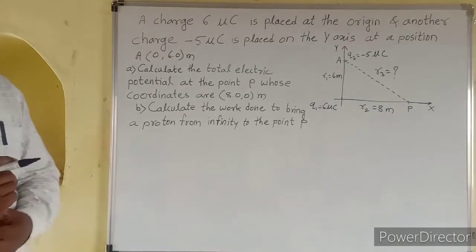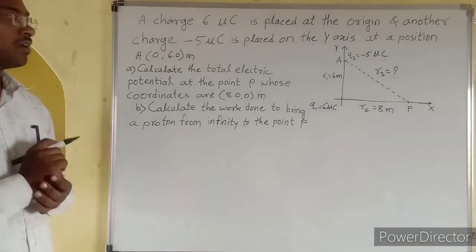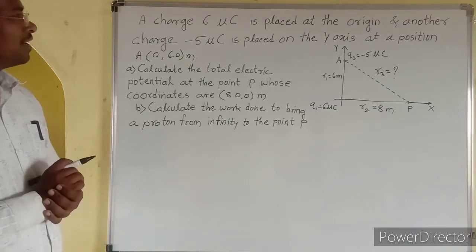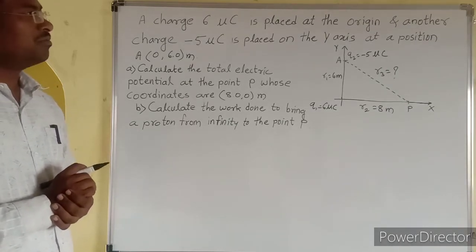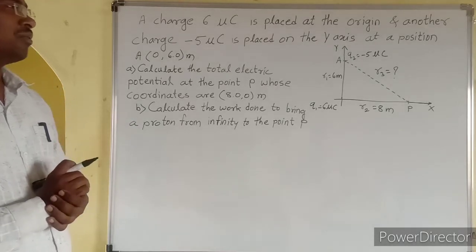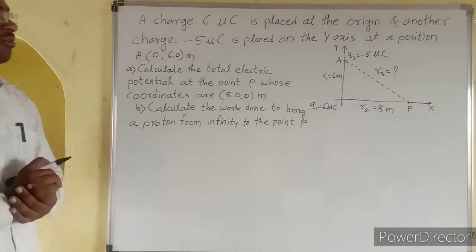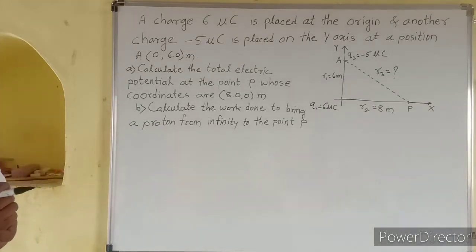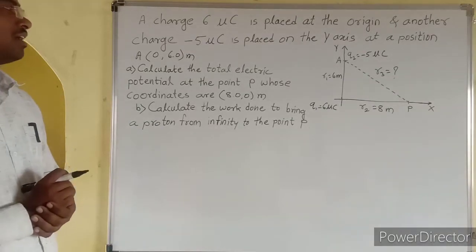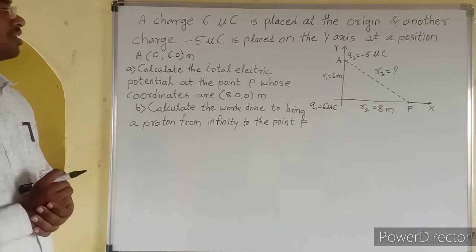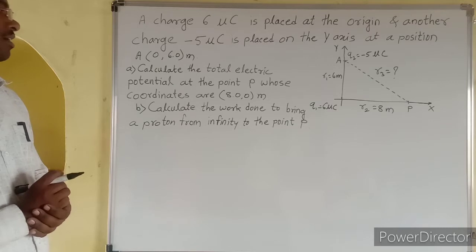Here is another problem based on electrostatic potential. A charge of 6 microcoulomb is placed at the origin, and another charge of minus 5 microcoulomb is placed on the y-axis at a position A equal to 6.0 meter.